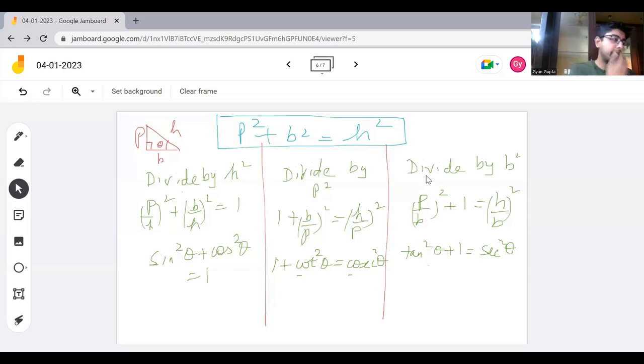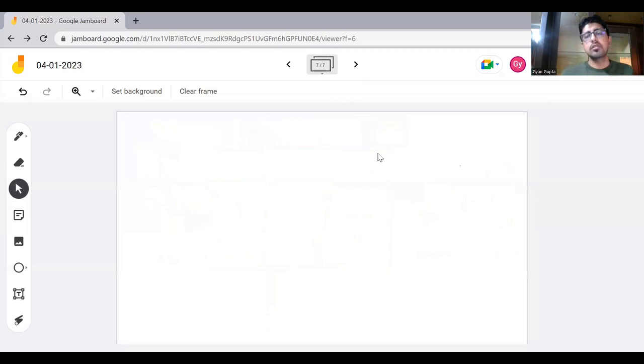Perfect. Now, let us move on to some ways or approaches in solving basic trigonometric ratios and identities questions. Most of the questions that come from this chapter are usually to prove LHS is equal to RHS. The first step that I do when I'm trying to solve a question is look at the LHS, look at the RHS.